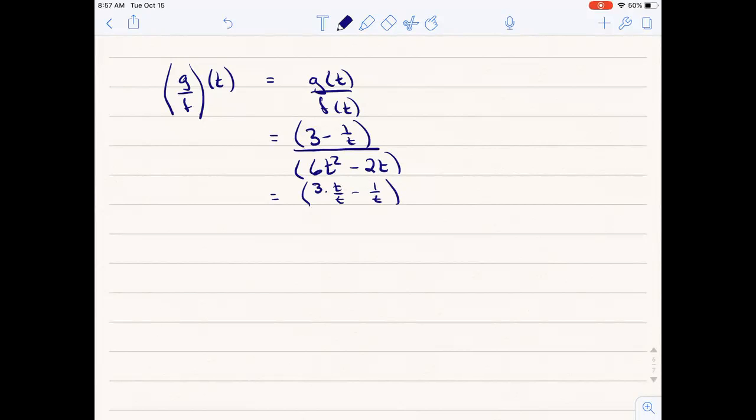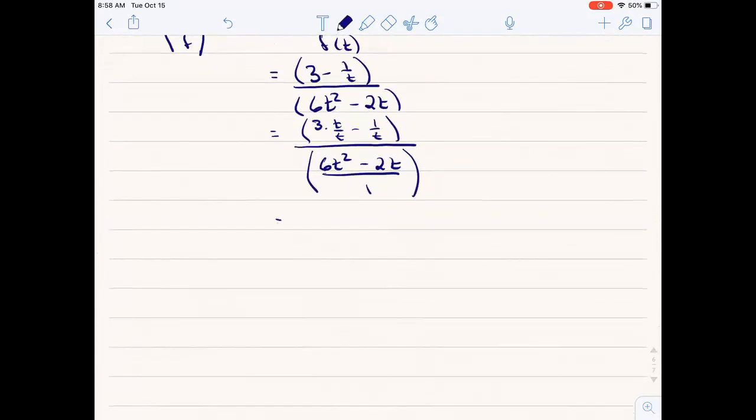So it's still legal math, over 6t squared minus 2t all over 1, just to show, in case it's not clear, that we will have a fraction over a fraction.